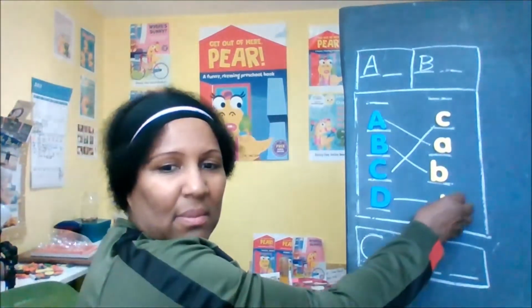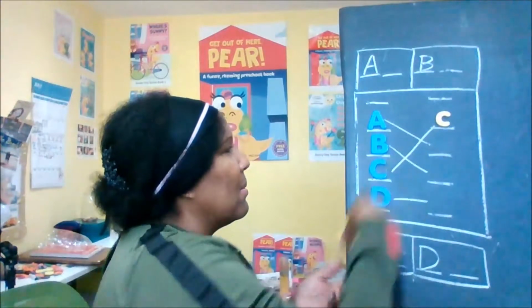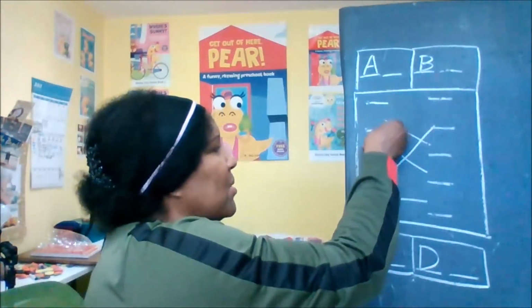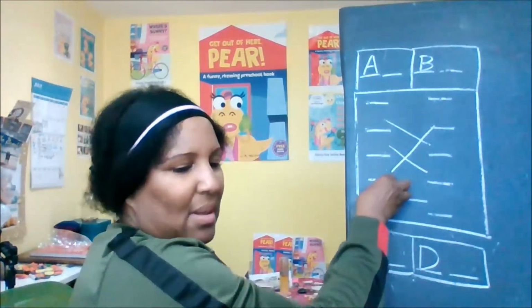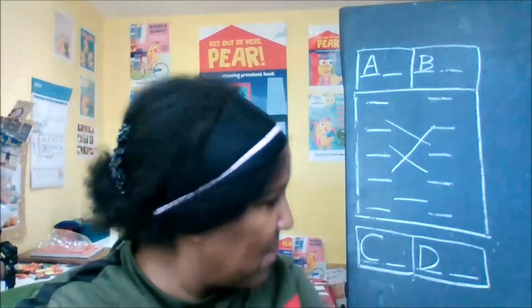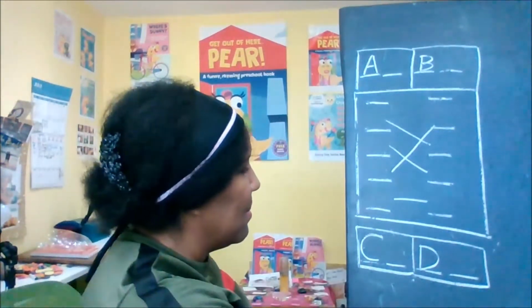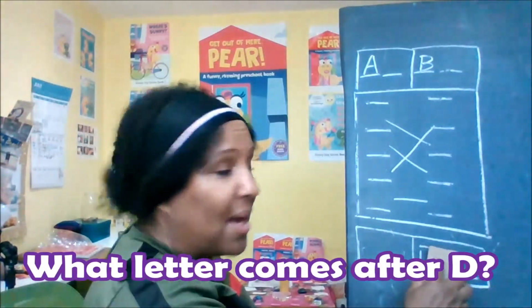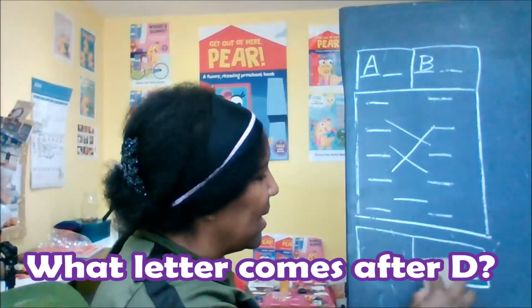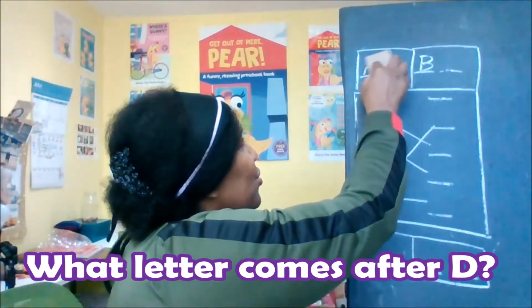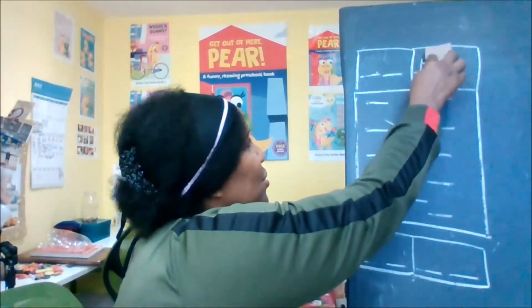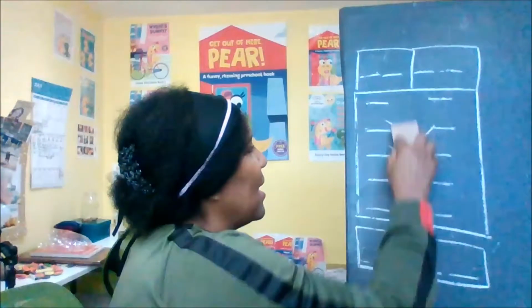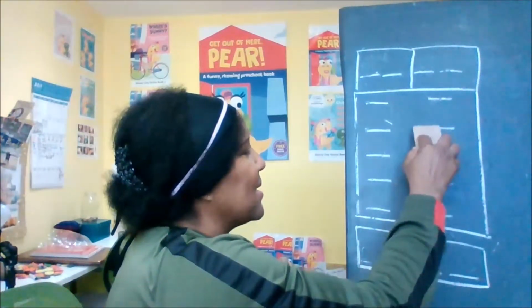Okay, so we're going to take these out, and the next set. Does anybody know what letter comes after D? What letter comes after? And I have to erase the middle because we're going to have different lines next time.